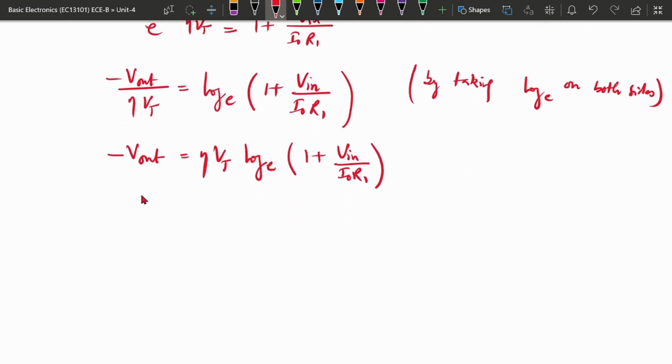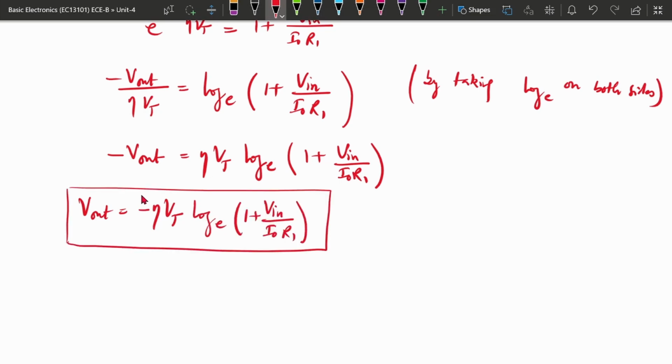Or if we remove the minus sign, we get V output is equal to minus eta Vt log to the base e of 1 plus V input by I naught R1. This is the output that we will be getting.